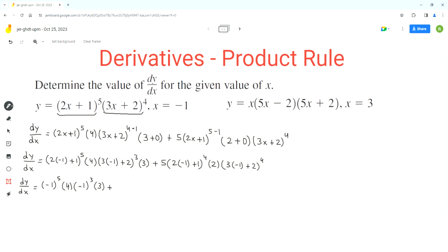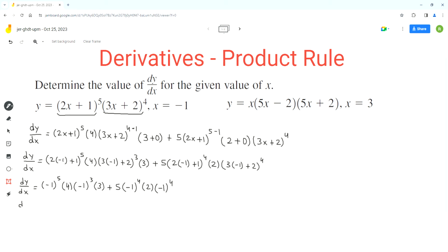Now plus 5. Now in the first parentheses 2 times -1, which is -2, and -2 plus 1 is -1, exponent 4 times 2, and then 3 times -1 is -3, and -3 plus 2 is -1, exponent 4.